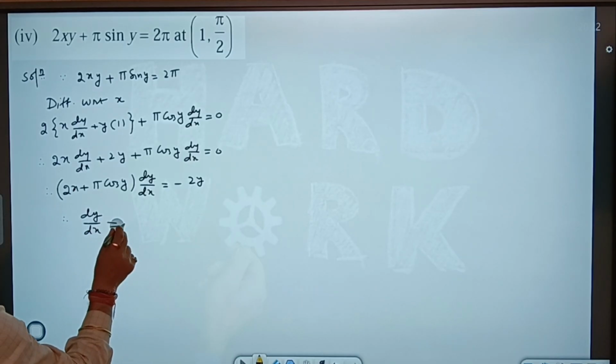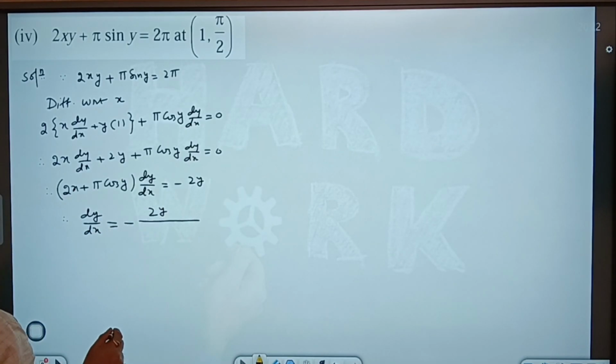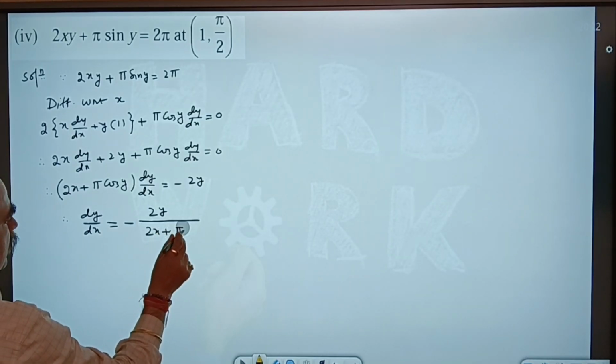So dy by dx is what? Minus 2y upon 2x plus pi cos y.